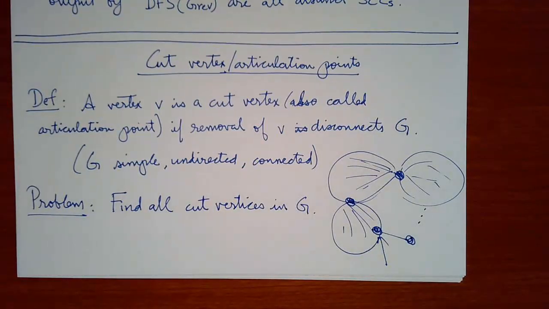Can someone give a simple algorithm that runs in polynomial time? Just a simple algorithm. How will you find all cut vertices? Just cut every vertex and then run a search to find connected components. Exactly. So you could delete a vertex, and then you find all connected components.